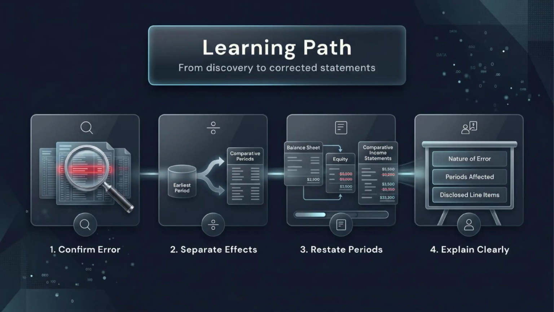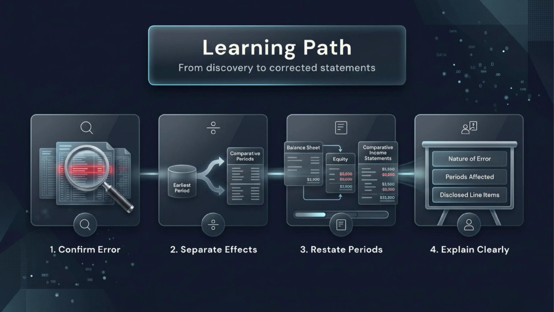First, confirm that the issue is truly an error, not an estimate revision or a voluntary principal change. Second, separate the error effects by period because errors before the earliest period presented are handled differently from errors inside a comparative period. Third, apply the restatement roadmap. Adjust balances, adjust opening equity, and recast the affected periods.